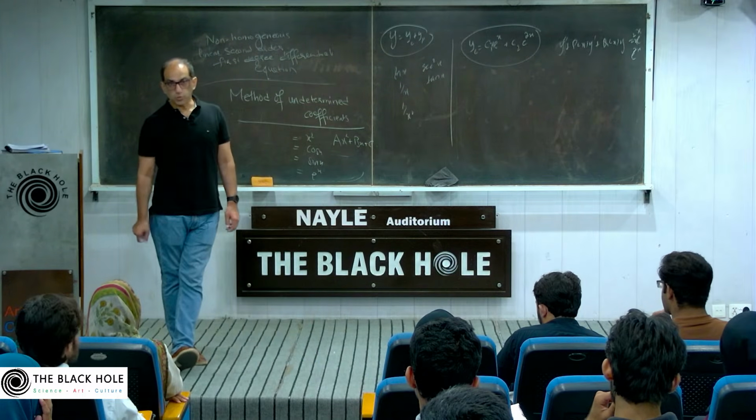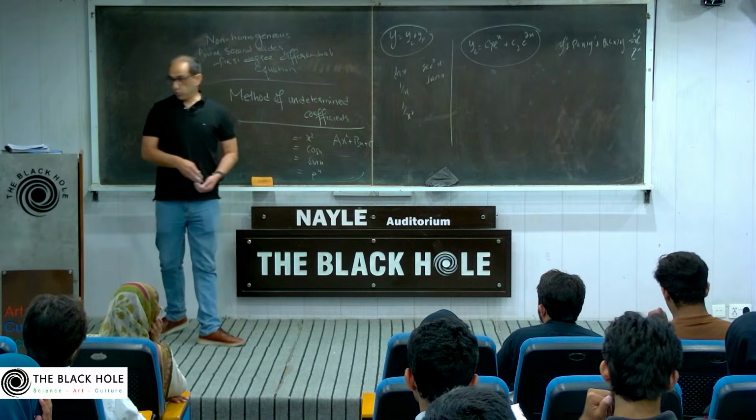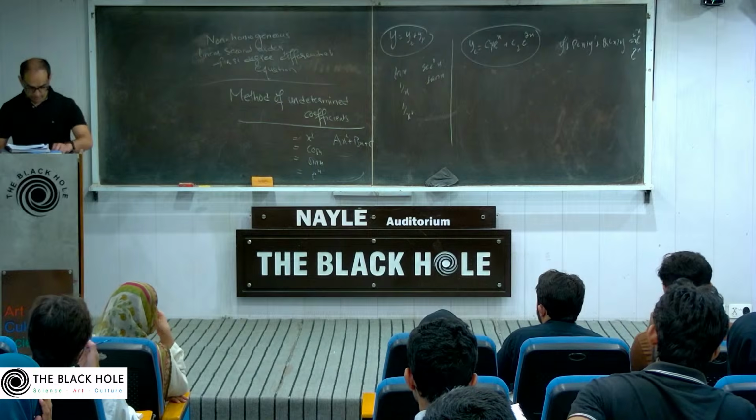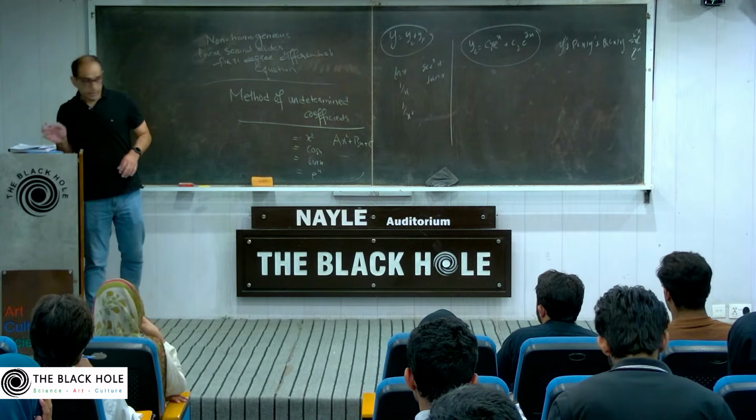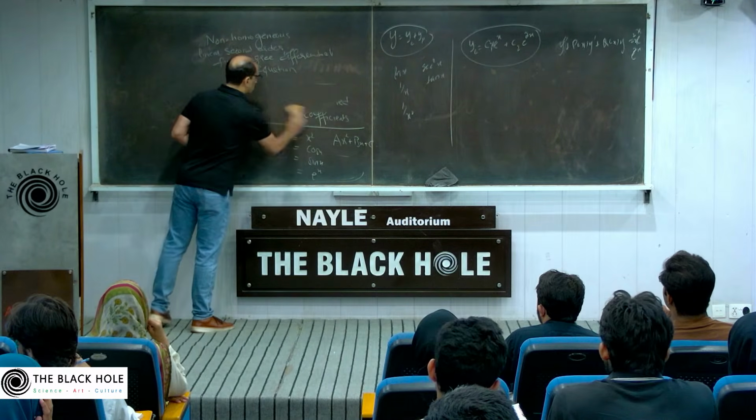Good? Questions? All right, if everything is clear, then let's go to the method that I would like to talk about, and that is the method of variation of parameters. That's the most general method.